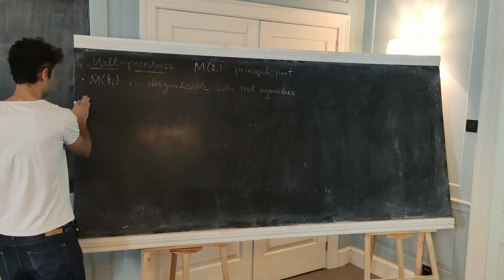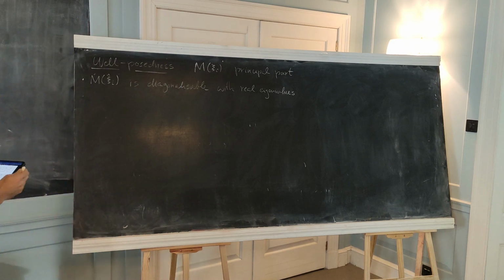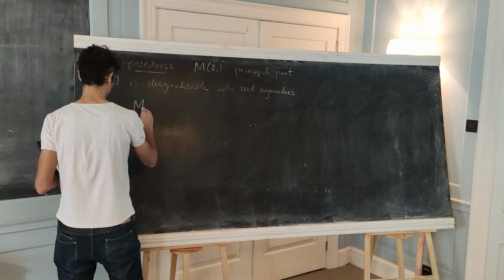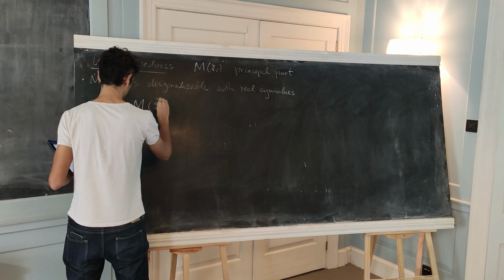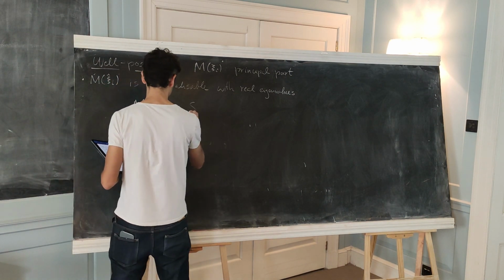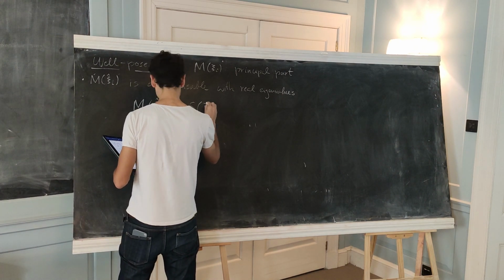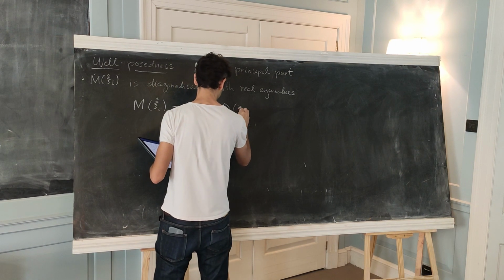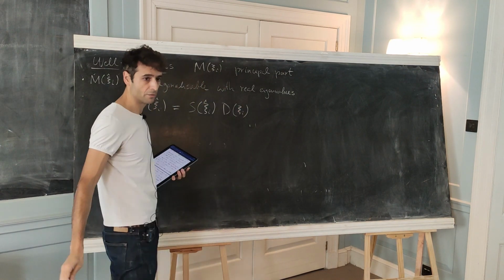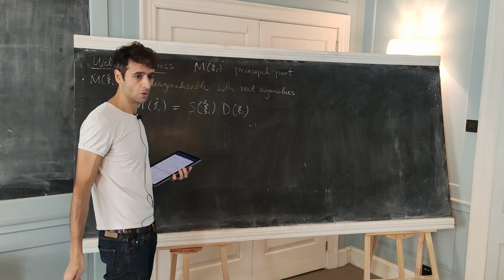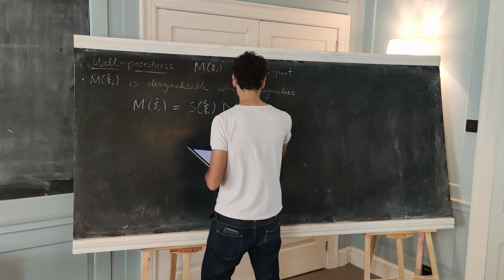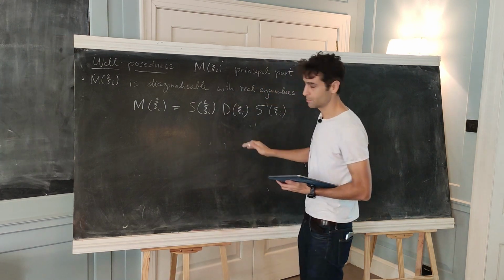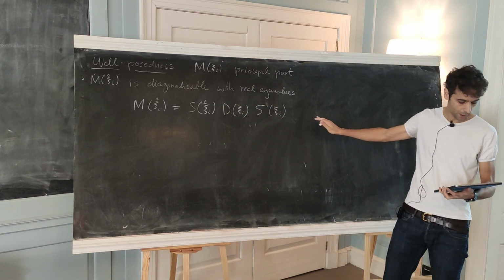And if indeed M is diagonalizable and has real eigenvalues, then it means that you can decompose it in this form, where these are just the diagonal matrix of the eigenvalues, and this is the matrix of the column eigenvectors. So by a similarity transformation, you can write M in this way.